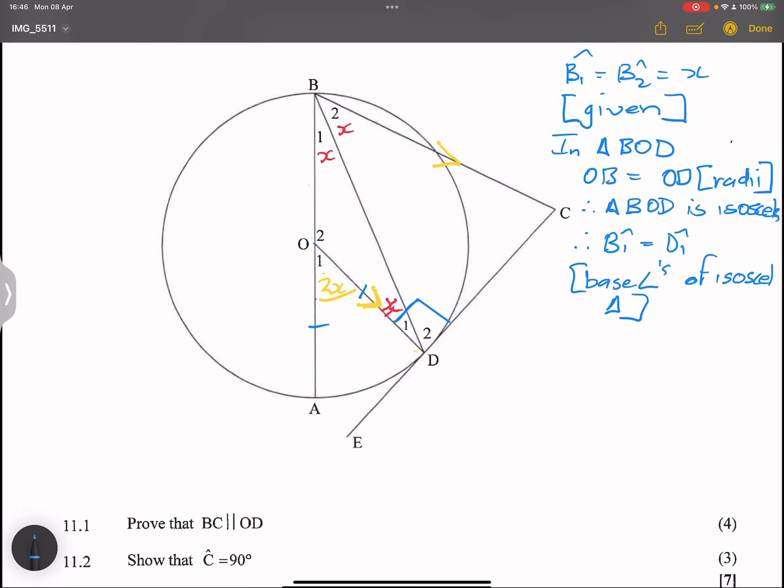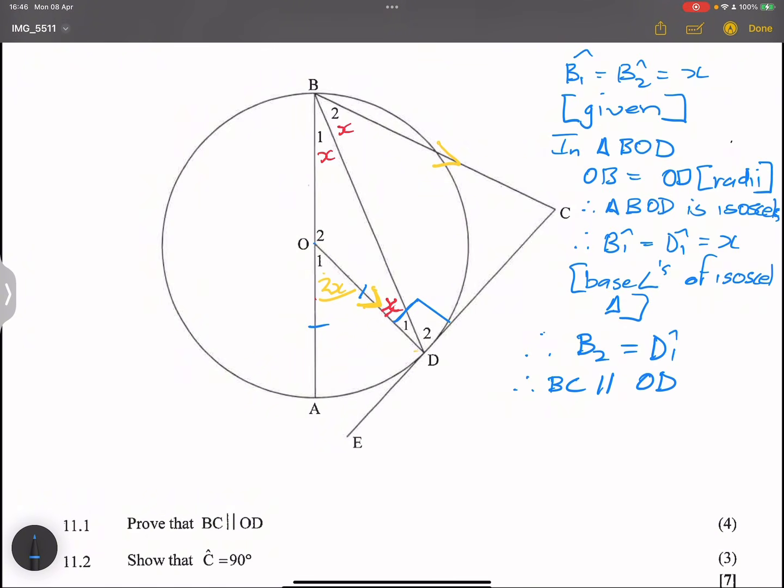And by the way, because those are equal, therefore it means that B2 is equal to, okay, that was supposed to be equal to X. So B2 is equal to D1, right? And so therefore it means that BC is parallel to OD.